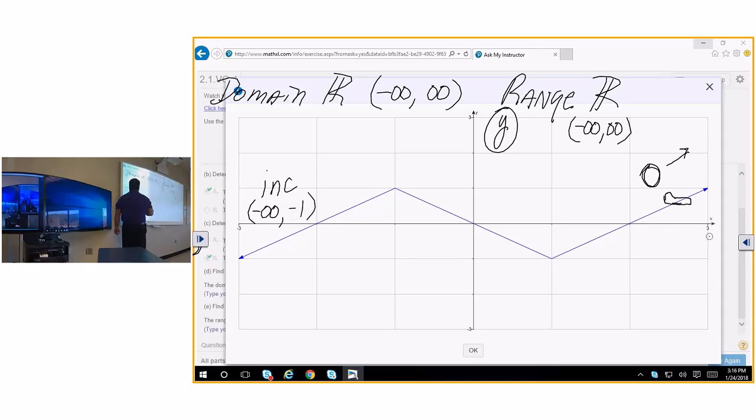Now, I'll interject something here. It gets a parenthesis because, and this is a discussion that goes on with math teachers and students, people say, well, why wouldn't a bracket go here? Well, just think of Michael Jordan jumping from the top of the key and then coming down and dunking.